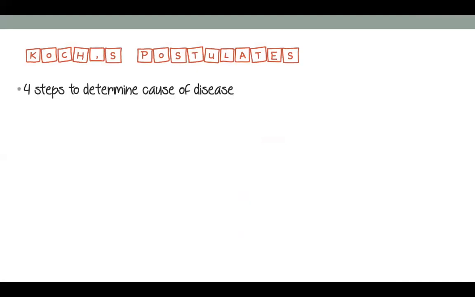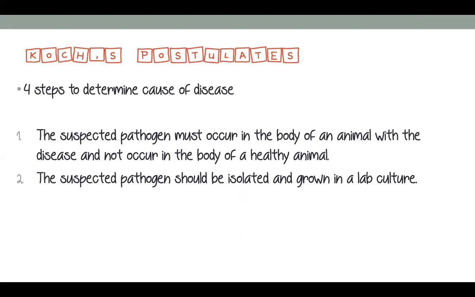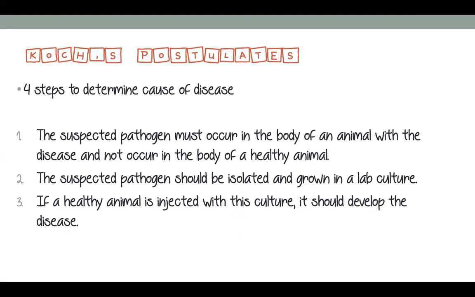These are the 4 steps to determine the cause of a disease. Number 1, the suspected pathogen must occur in the body of an animal with a disease and cannot occur in the body of a healthy animal. Number 2, the suspected pathogen should be isolated and grown in a lab culture. Number 3, if a healthy animal is injected with the culture, it should develop the disease.